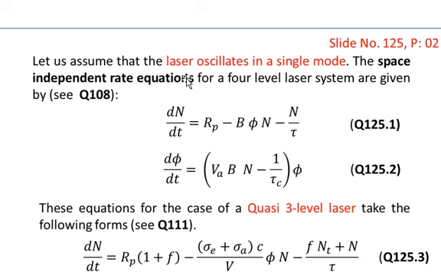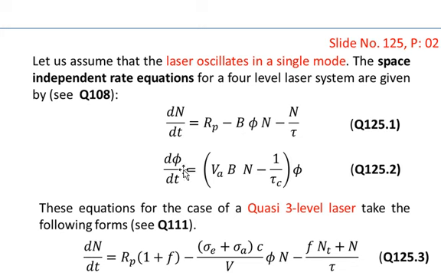The space independent rate equations for a 4-level laser system are given by, you can consult slide number 108, equation number 1 and equation number 2. That is, the rate of change of population inversion dN over dt is equal to Rp minus B times phi times N minus N over tau.